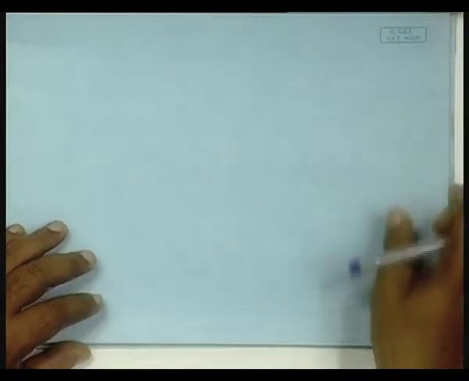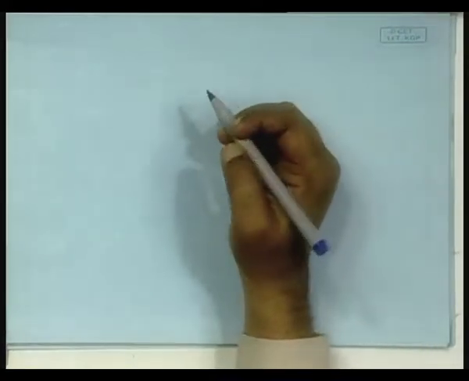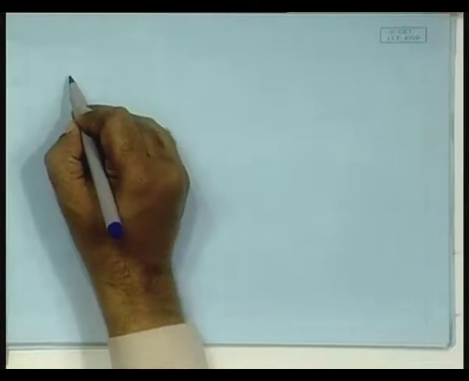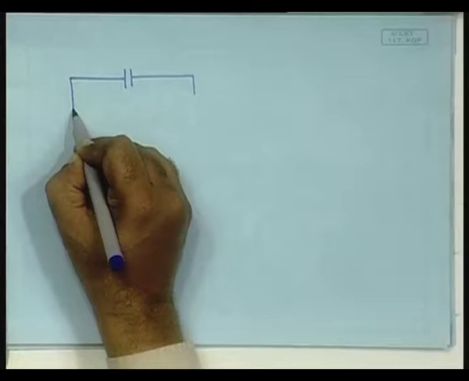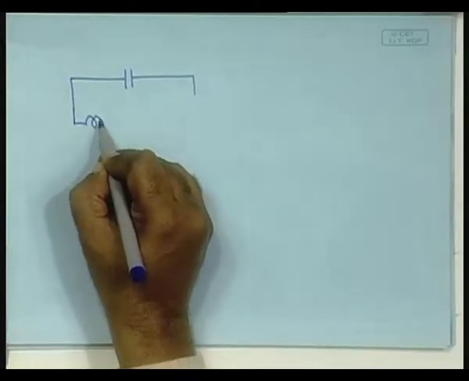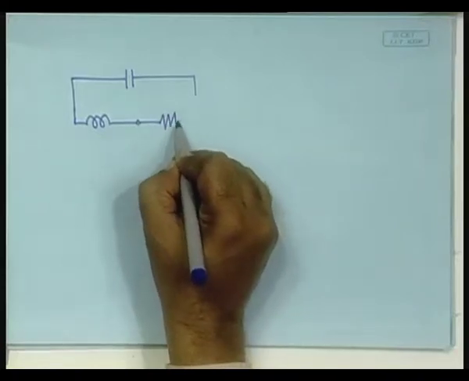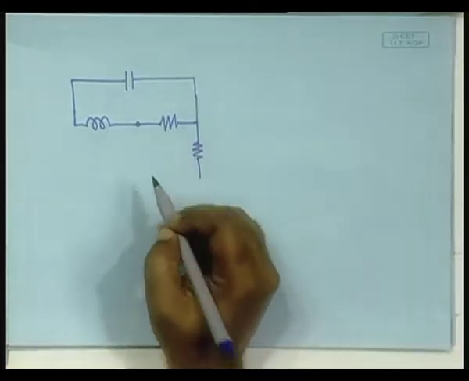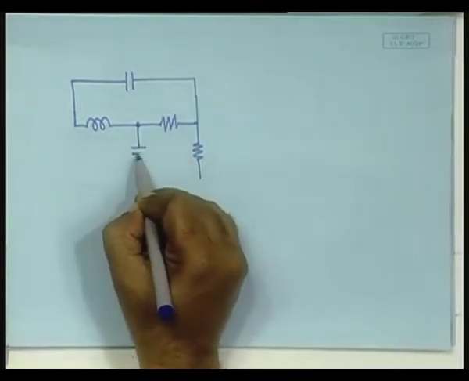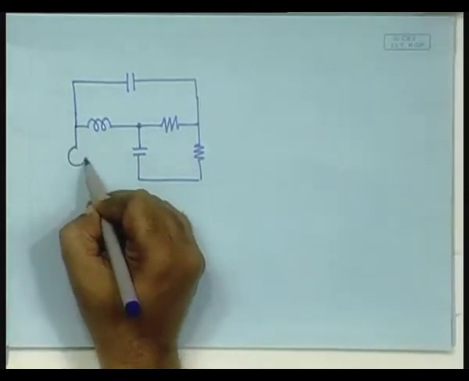Now, let us solve one typical electrical circuit problem to illustrate how this method helps in obtaining the electrical circuits. Let there be a resistance here, let there be another resistance here, let there be capacitance here, and let there be a voltage source here.